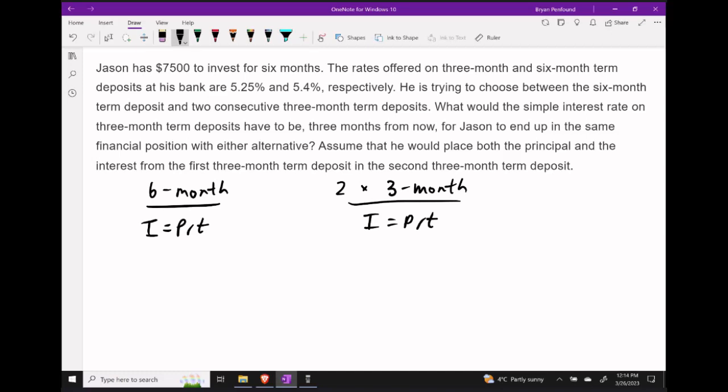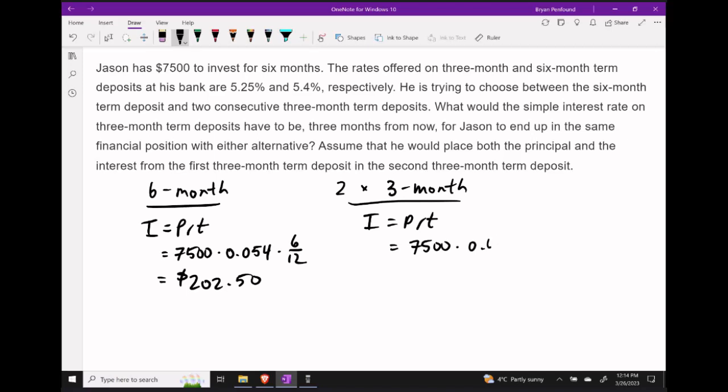If we want to do a single 6-month term, we could take our $7,500, multiply by our simple interest rate of 5.4%, and then multiply by 6/12 to represent our 6 months. And simplifying this expression, we get that we would earn $202.50 in simple interest.